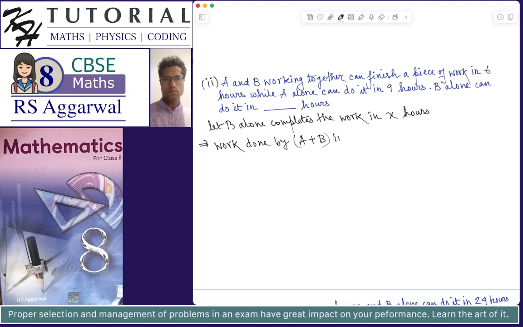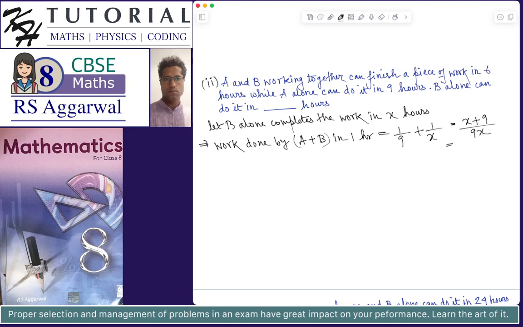in 1 hour will be, we know that the work done by A in 1 hour will be 1 by 9, and we have assumed that B alone completes the work in X hours, which means that the work done by B in 1 hour will be 1 by X. So the work done by A plus B, that is when both A and B are working together in 1 hour, will be 1 by 9 plus 1 by X. This is X plus 9 divided by 9x.